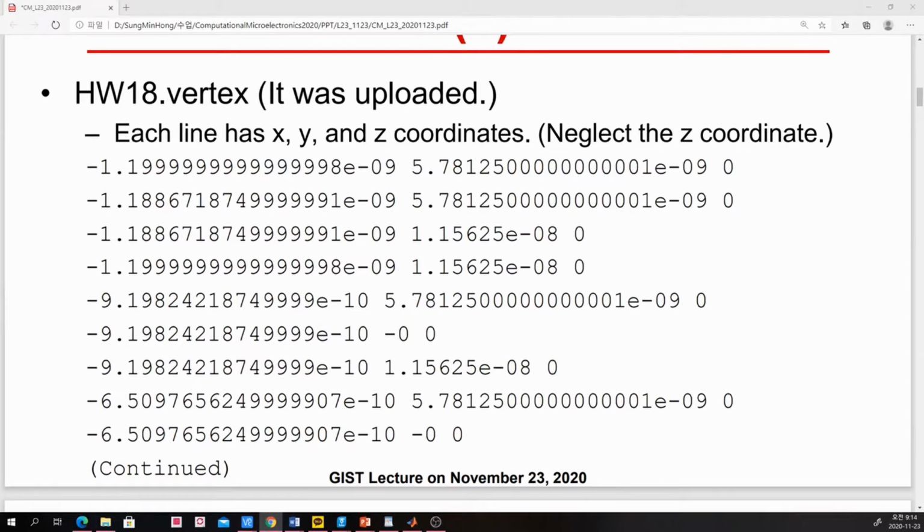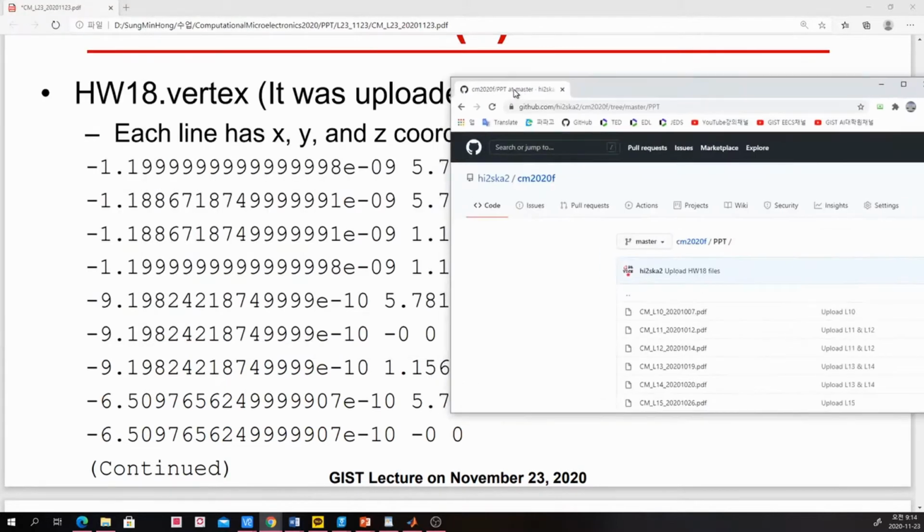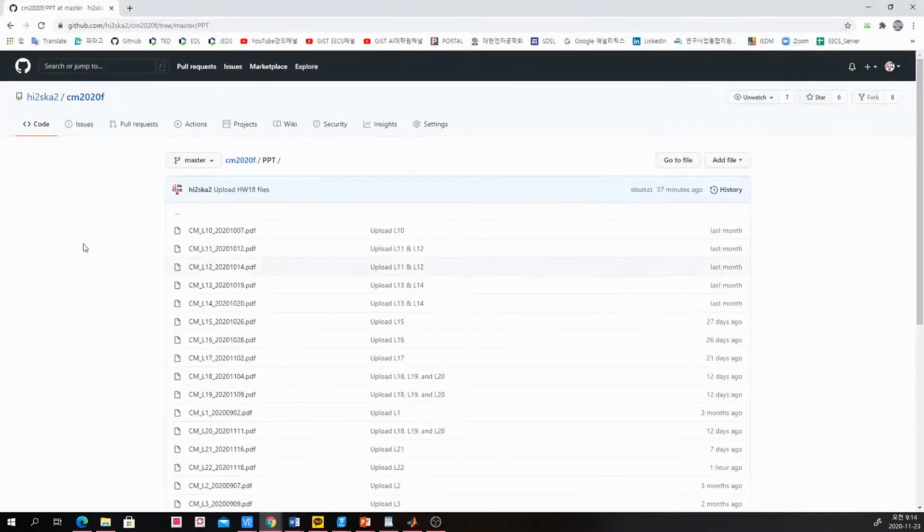Can you see it clearly? Yeah. This is your usual folder to find the PowerPoint files or PDF files.